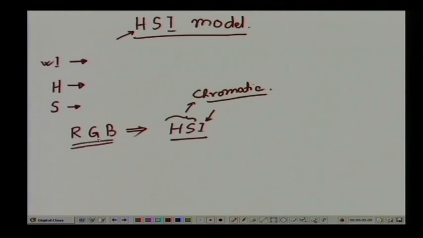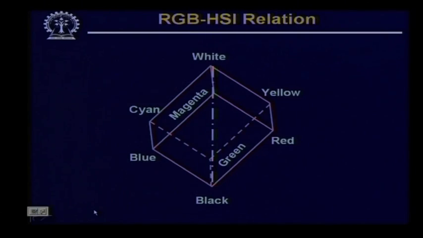Now, let us see how we can convert a color specified in RGB space to a color in the HSI space. In order to do this, we can reorient the RGB cube in such a way that the black point, or the origin of the RGB cube, is kept at the bottom and the white comes directly above it, as shown here.